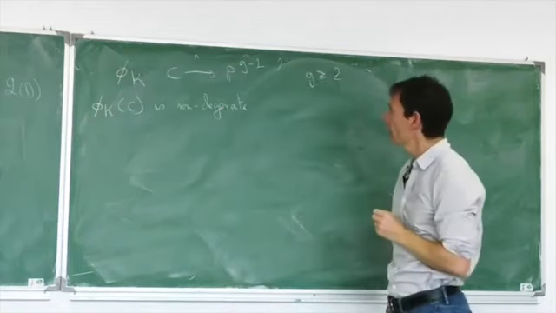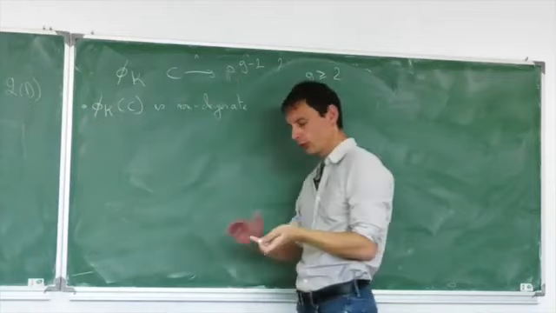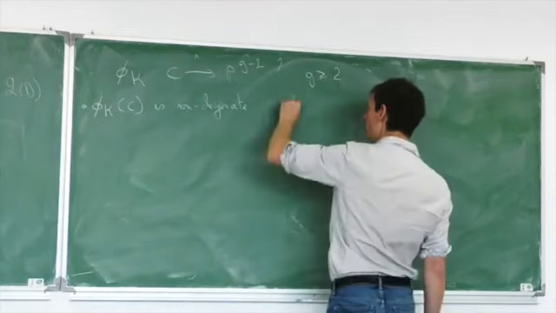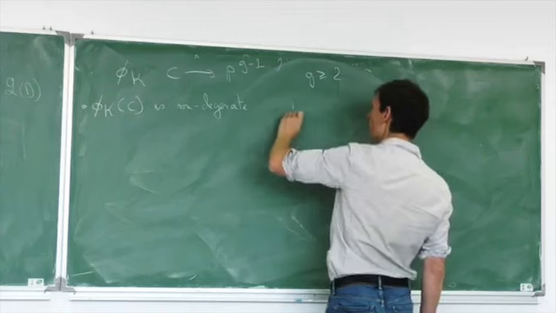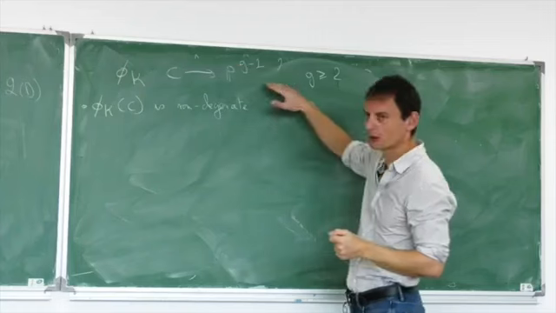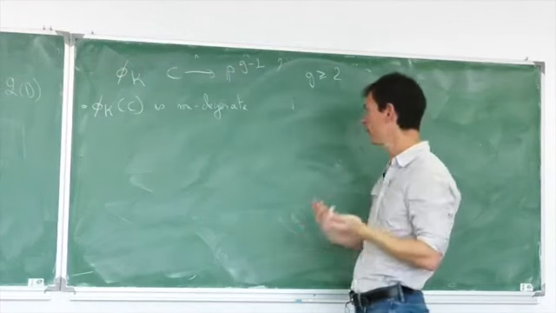Why? Simply because if it were degenerate, it would be inside a hyperplane. But what is a hyperplane? A hyperplane is described by a linear combination of the coordinates. But a linear combination of the coordinates is a regular differential.